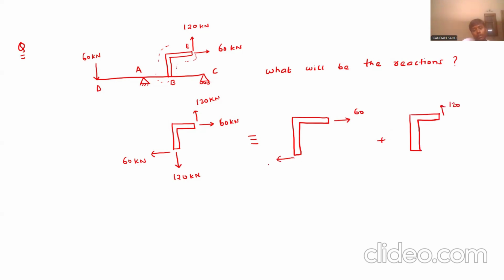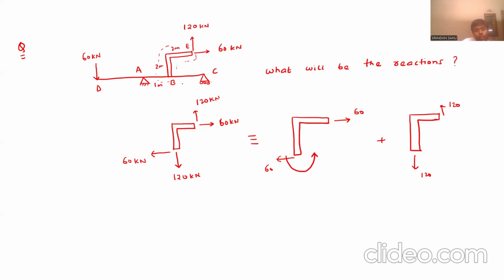Now this 60 and this 60, this 120 and this one. So now this 60 will try to rotate this L-shaped bar in clockwise direction, so we put a resistance moment in anti-clockwise fashion. And that will be how much? Let this be 2 meter and this be 2 meter.